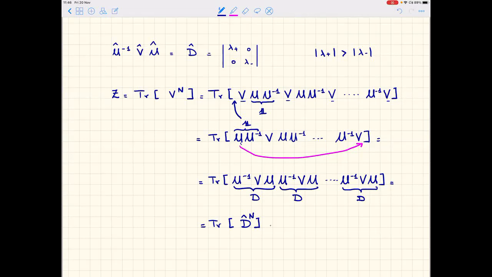But the trace of D to the n is very simple to write: lambda plus to the power n plus lambda minus to the power n. That's it. Did you move the first matrix to the last term? Yes, because the trace is invariant under cyclical permutations.